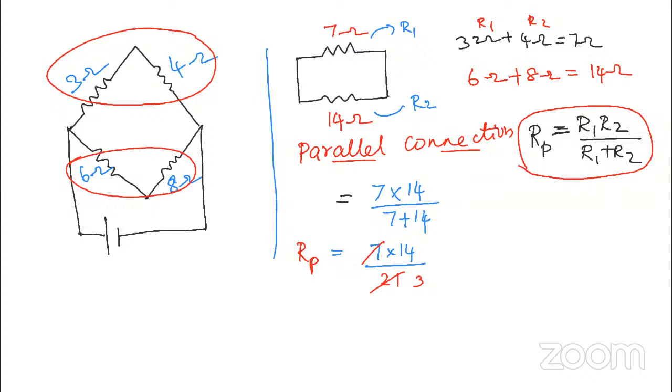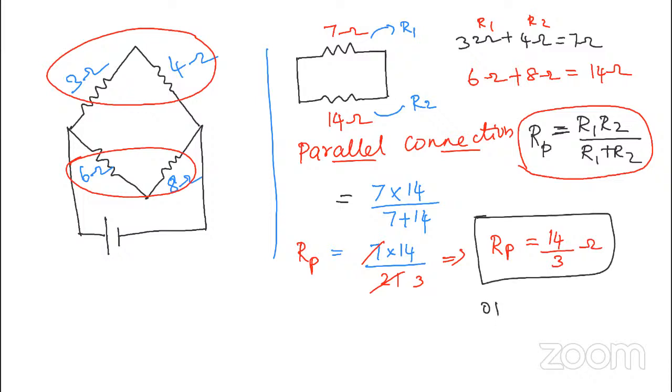Right? So the RP value is 14 by 3 ohms. This is option B, the right one.